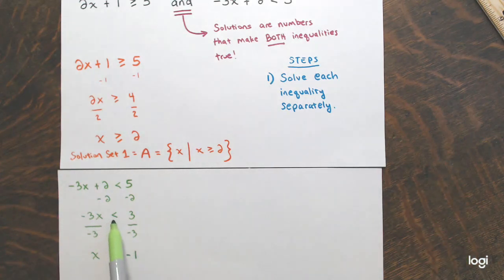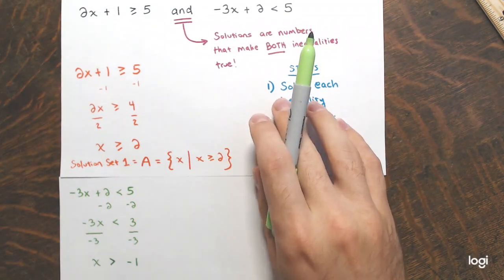So instead of "is less than," that flips over and becomes "is greater than." So here are the solutions. x is alone now. Here are the solutions to the second inequality in this compound inequality.